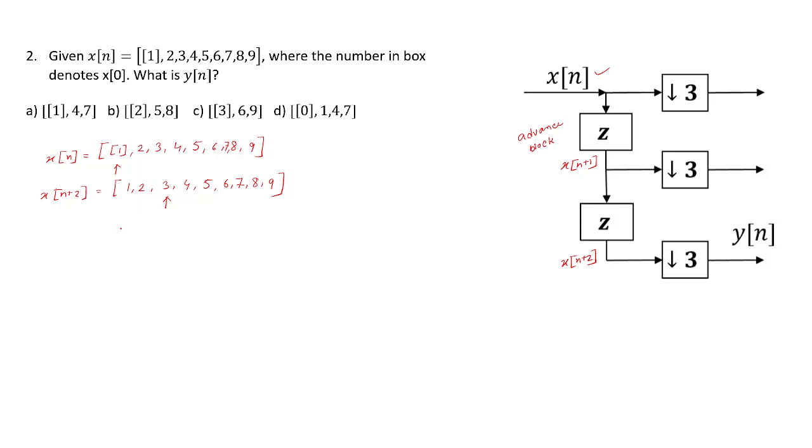And now you perform the downsampling operation, that is y of n, which is nothing but x of 3n plus 2, which you can obtain.